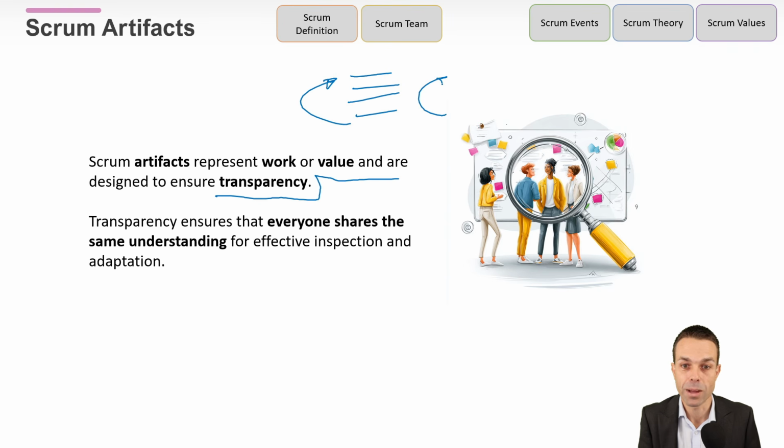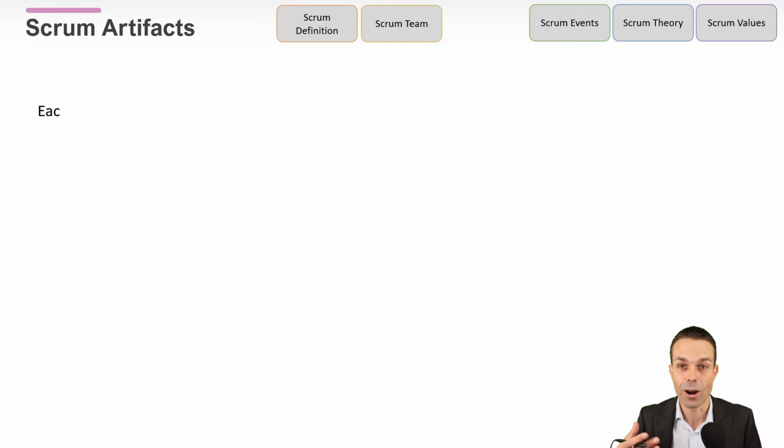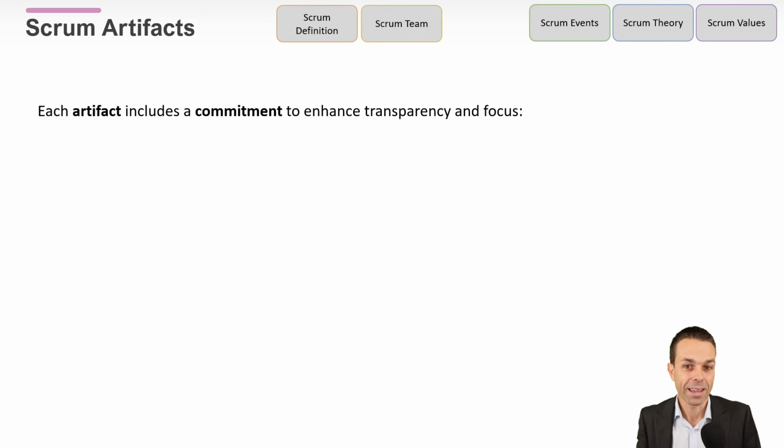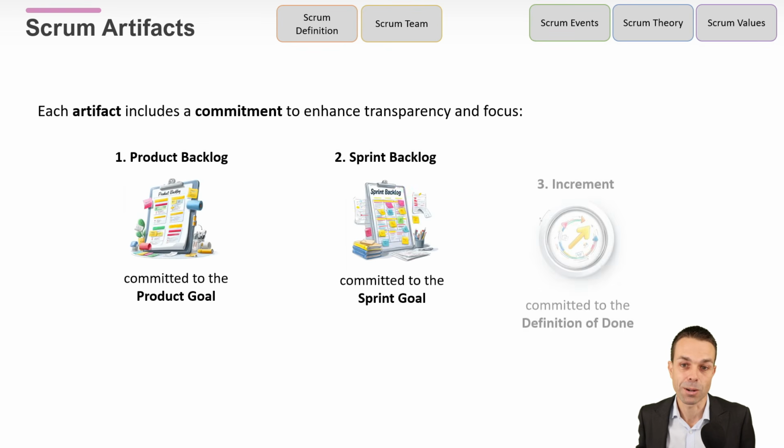They can see our sprint backlog. We review the increment at the end of the sprint. It's transparent for everyone to see. It ensures that everyone has the same understanding for effective inspection and for us to adapt our approaches if we need to. Each of these artifacts includes a commitment to enhance transparency and focus.